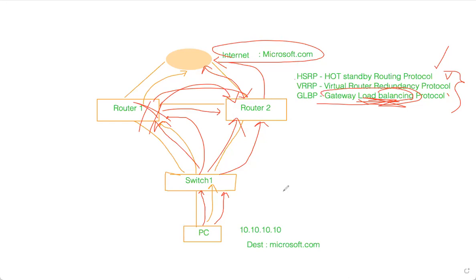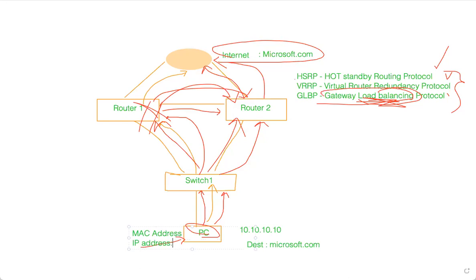The ARP will map layer 3 to layer 2. We discussed this already. So what ARP is doing is, it is sitting on layer 3. It is mapping the IP address to the MAC address. So in this case, PC A will have a MAC address, and also it has an IP address.